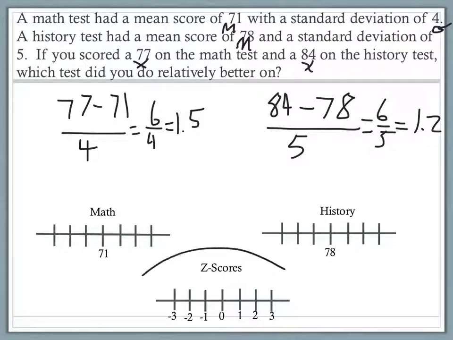Here's a visual to see it. 0 is our average. If you're at 0, you're average. My math score was a 1.5, so that's going to be about right there. That was math. My history was a 1.2, so that's going to be between those two.